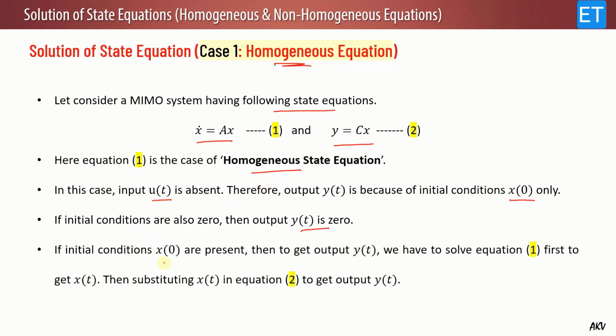But if the system has some initial conditions, then we have to solve equation 1 first. From this equation we will find the value of x. Once x is known, we can substitute it in the output equation and find the output y(t) from equation 2. That is the complete solution of the system in state space when the input is not present.